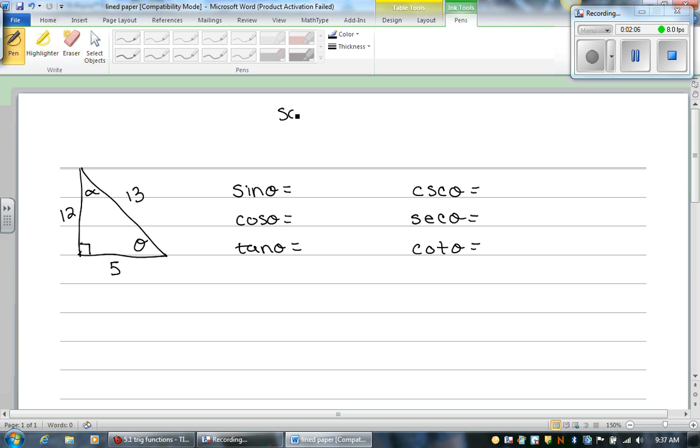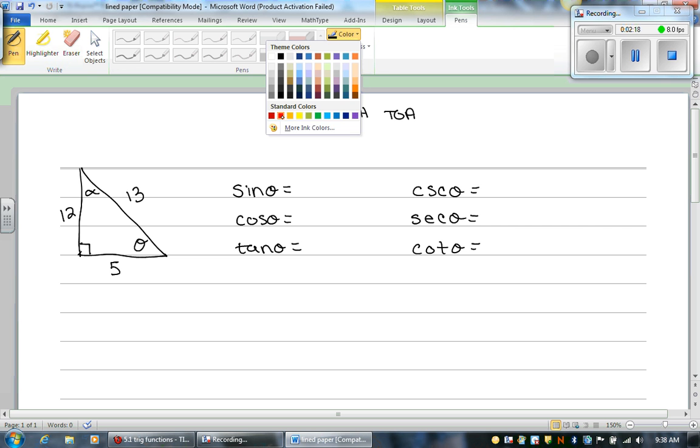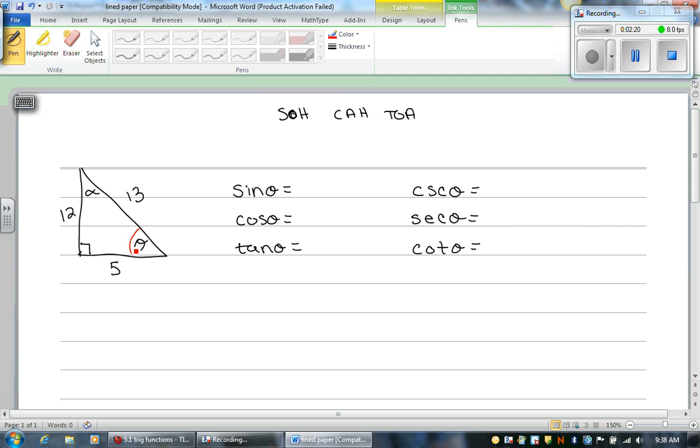So we have to remember our SOHCAHTOA. We've talked about this for quite some time now. SOHCAHTOA, if you remember back to 9th grade. So sine. We're going from theta, right here. Sine is the ratio opposite, directly across from it, which is 12, over hypotenuse, which we know is opposite the right angle, over 13.